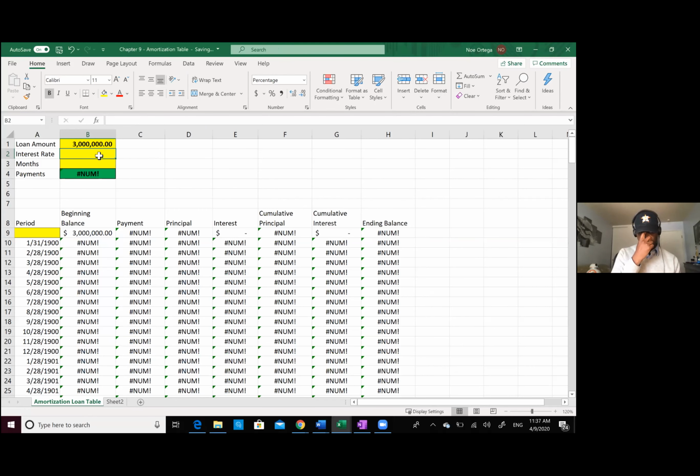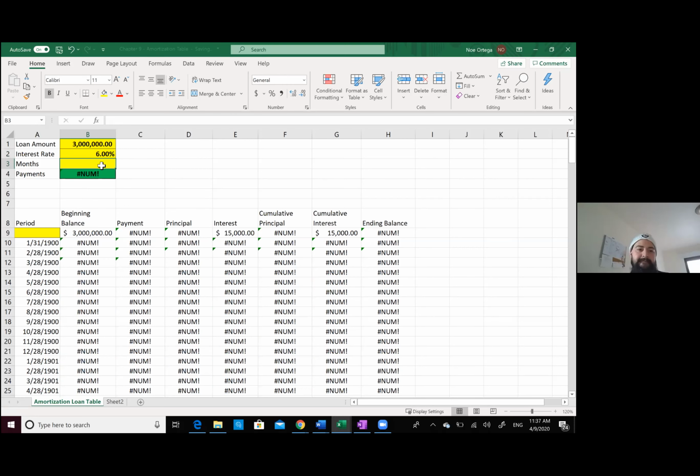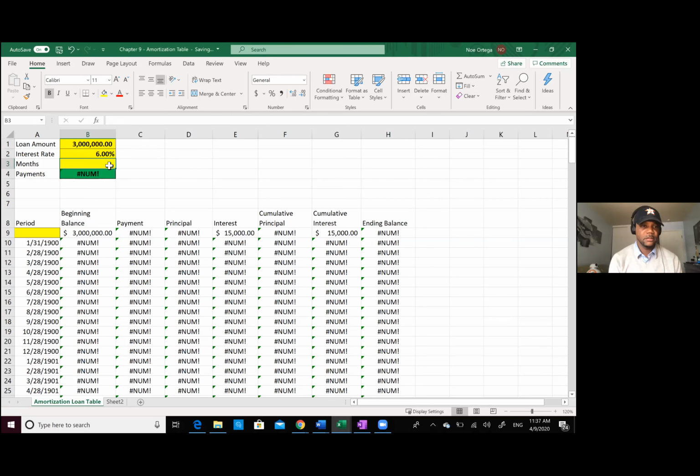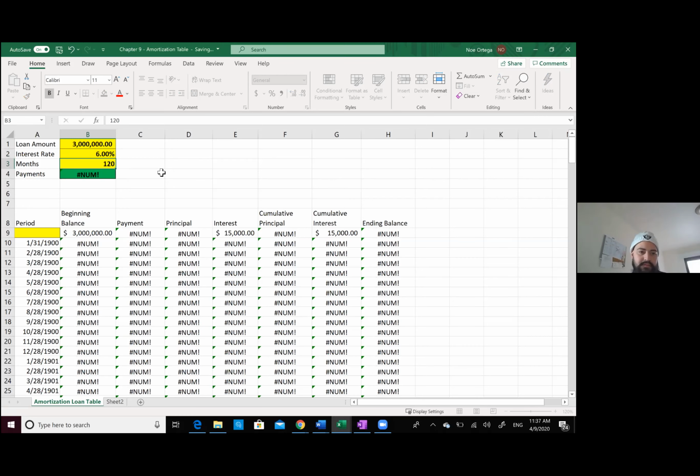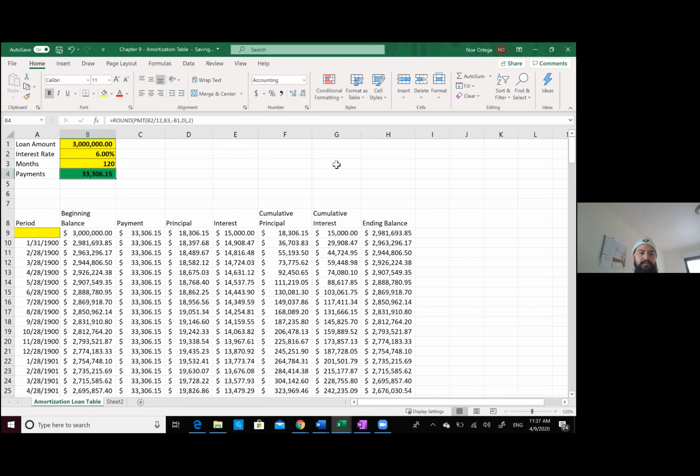So for the interest rate, should we put it as a decimal or 6% and it'll calculate correctly? I think you just type in 6. Type in 6, see what happens. Okay, yeah. And then 10 years is 120 months.